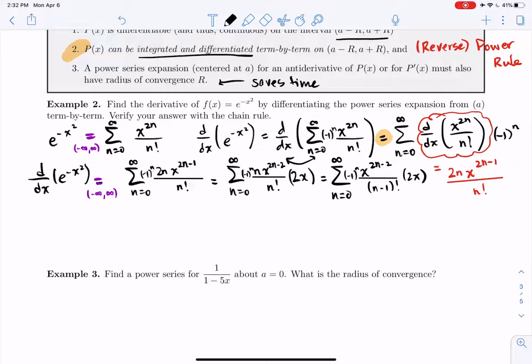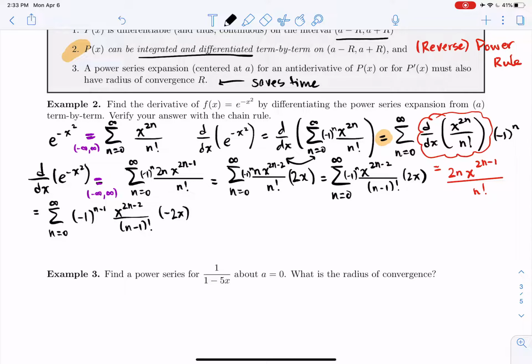I hope so. Okay, I'm going to do one last thing then. I'm going to steal a negative 1 and put it over with the 2x. If I steal a negative 1 to the n, I'm left with negative 1 to the n minus 1 times the rest of my series, x to the 2n minus 2 all over n minus 1 factorial, times a negative 2x.